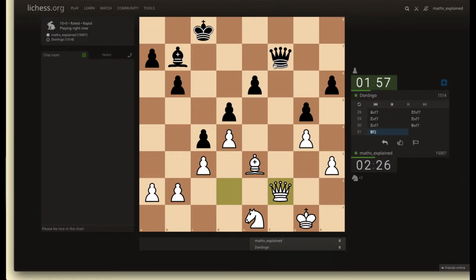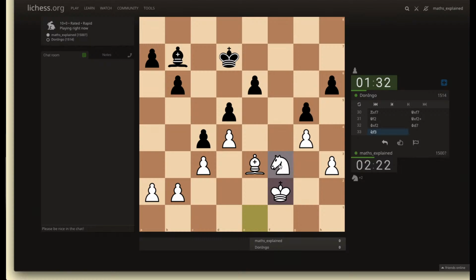So now I took all the pieces. I don't know why. I'll probably lose. But I have an extra knight, so that's good. Okay, I have to go. I just have to finish this game and then I'll go.